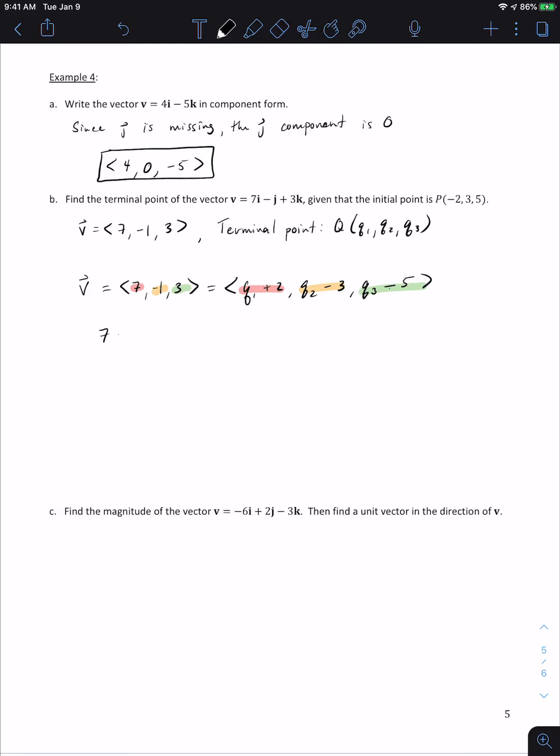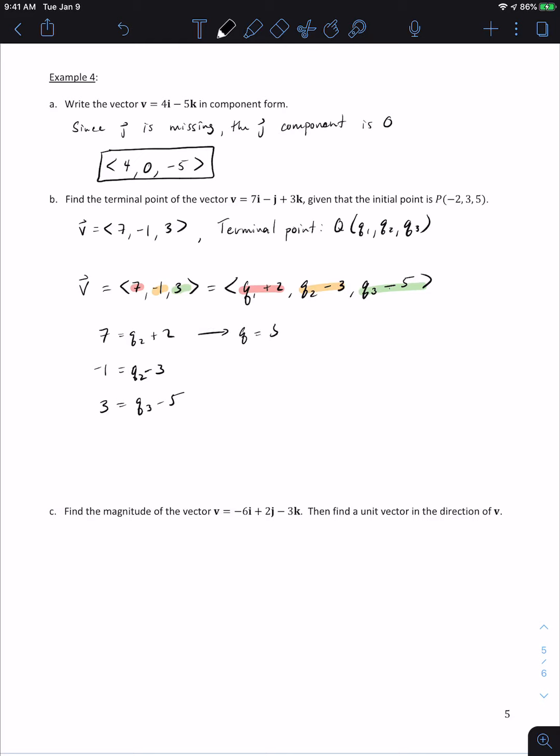Right? So I have 7 is equal to Q1 plus 2, negative 1 is equal to Q2 minus 3, and 3 is equal to Q3 minus 5. So here I get Q1 is equal to 5.